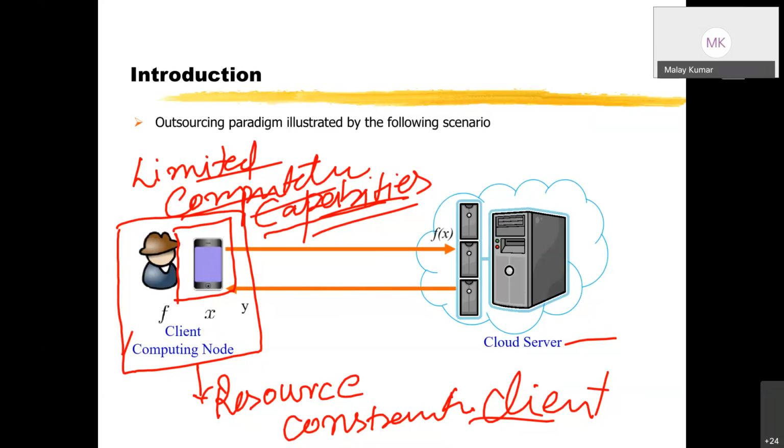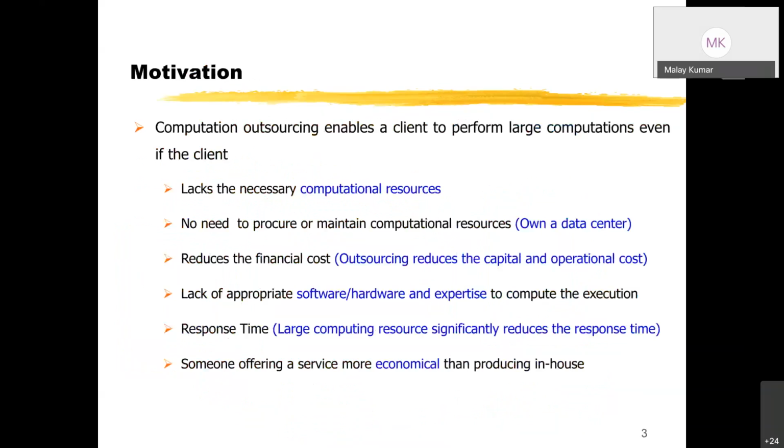So let's first see the benefits or the motivation: a client is able to perform a large computation even if he lacks the necessary computational resources or the expertise to perform such kind of computation.